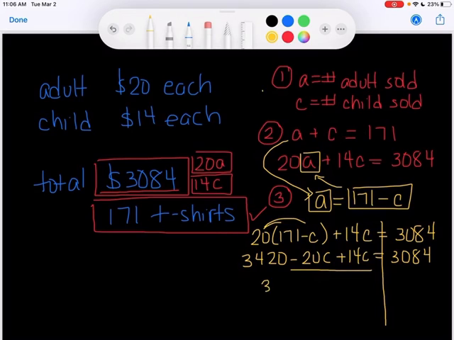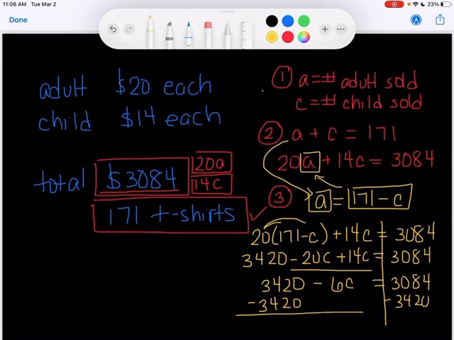So I get 3,420, and negative 20C plus 14C is negative 6C, equals 3,084. Now I'm going to subtract this 3,420 from both sides. These cancel. I get negative 6C equals, well, 3,084 minus 3,420 is negative 336.